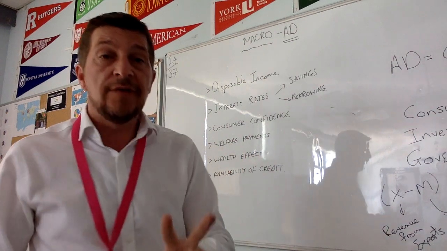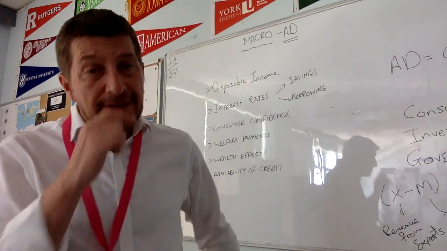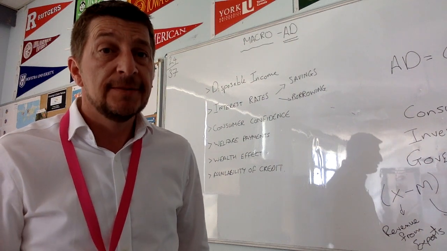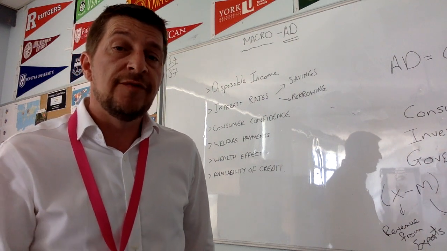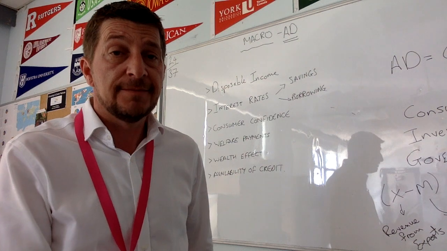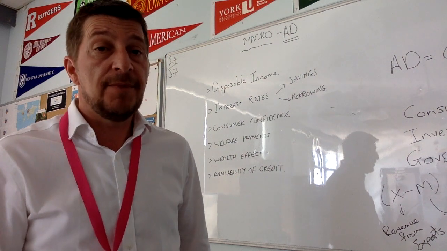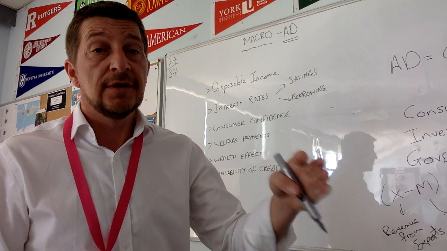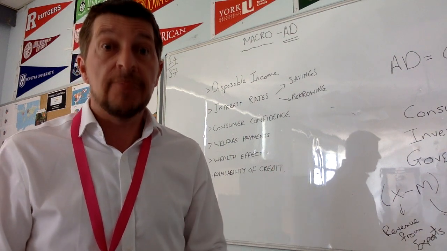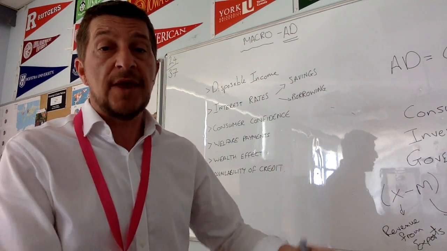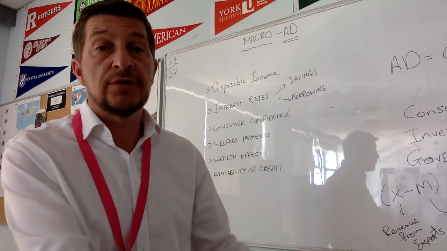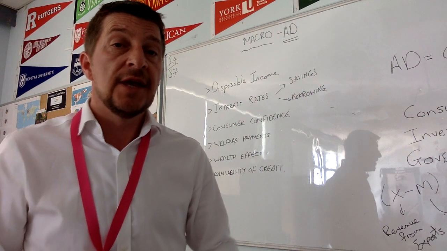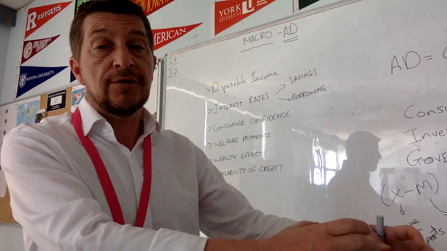Welfare payments. Welfare payments, basically, when somebody is registered as unemployed, the government will provide them with financial assistance. So, it's very basic. If welfare payments increase, then people that are unemployed will be able to spend more money on goods and services. So, if welfare payments for those people increases, that means that consumption will also increase.